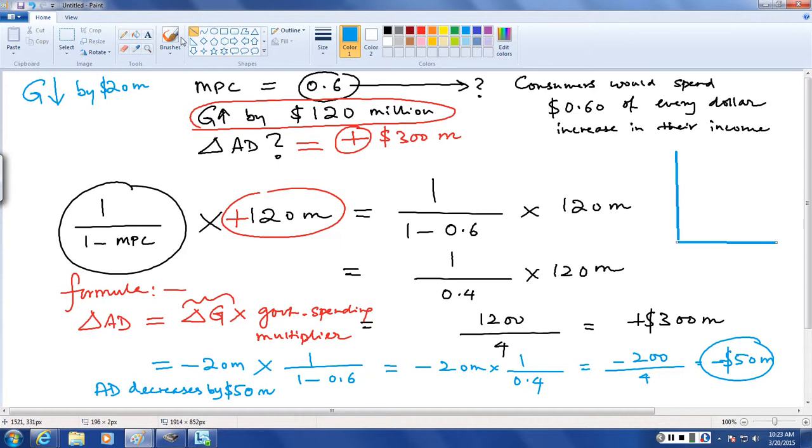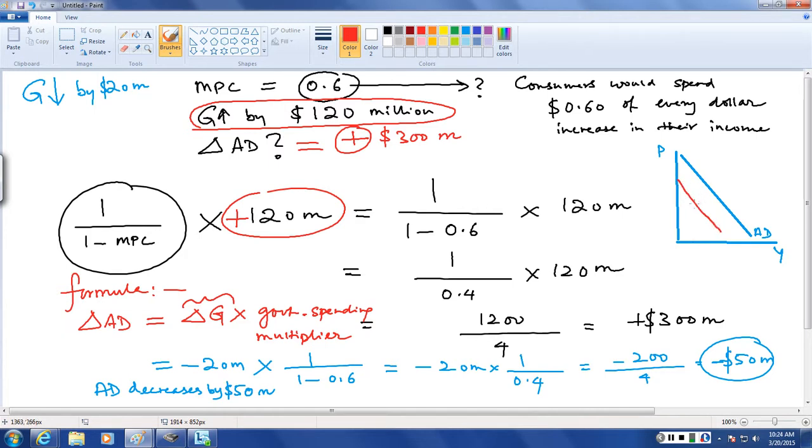If this is our ADAS diagram, if I draw an AD curve like that, this is GDP, this is the price level. How would you show a decrease of aggregate demand of $50 million? How would you show that? A shift to the, exactly, a shift to the left, a shift like this. Am I correct?